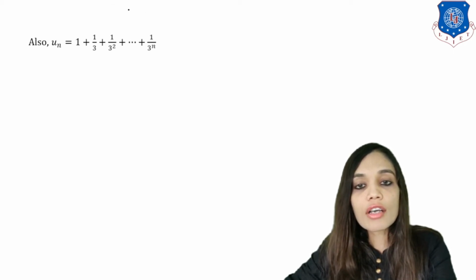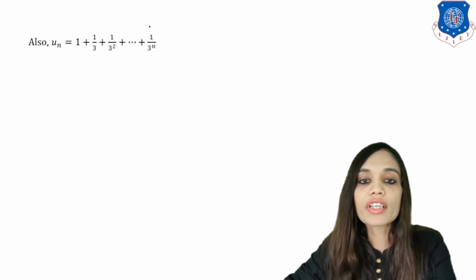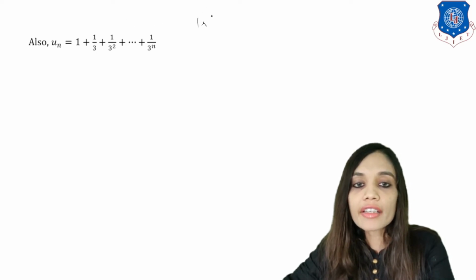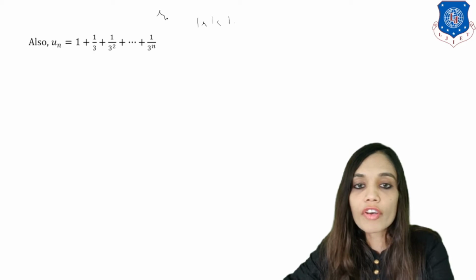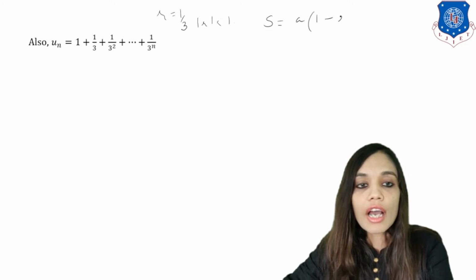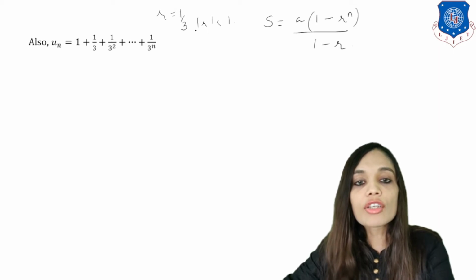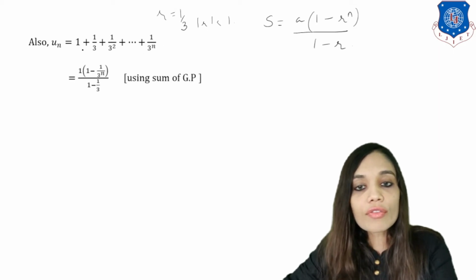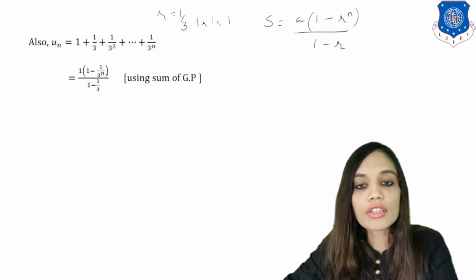Now we will find the sum of this, because it is a geometric sequence where mod r is less than 1, because the value of r is 1 upon 3. So the sum will be equal to a into 1 minus r raised to n upon 1 minus r. Now put the value of r, and a is 1.